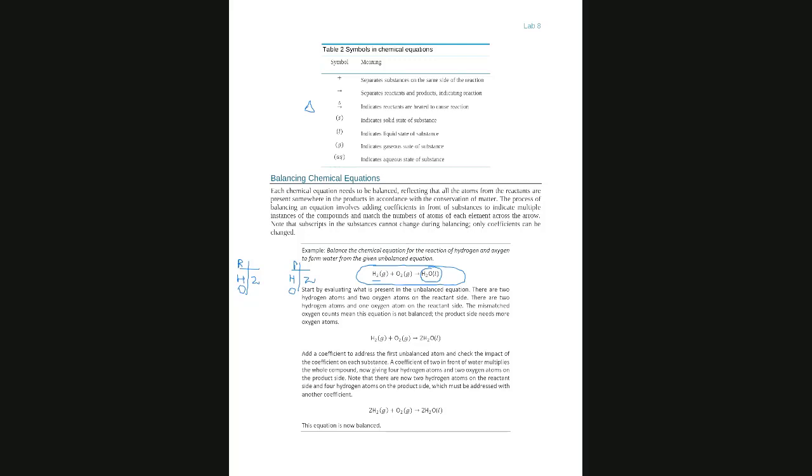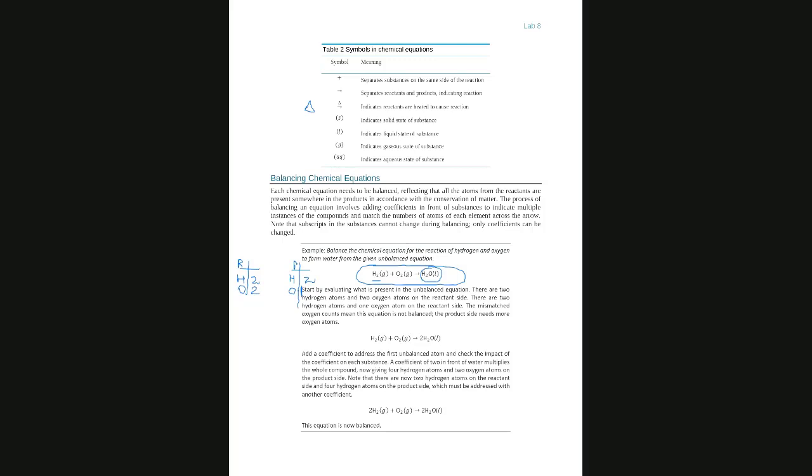And then I do the same for oxygen. Oxygen on the reactant side has 2. And then I look at the product side and I have only 1, right? I want to make sure everybody sees that.